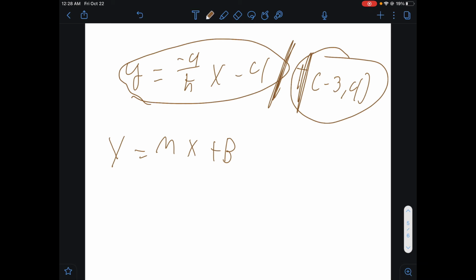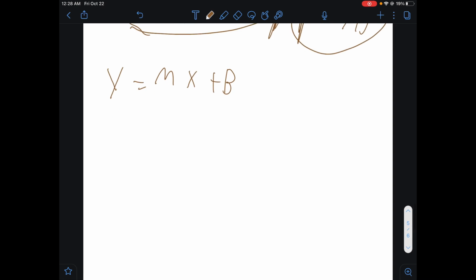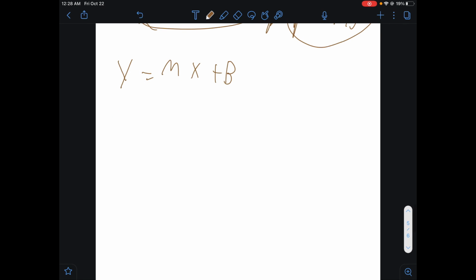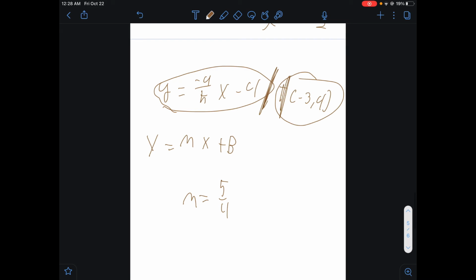So, we're gonna start isolating all the variables. So, m equals 5 over 4, because you need to switch this up.